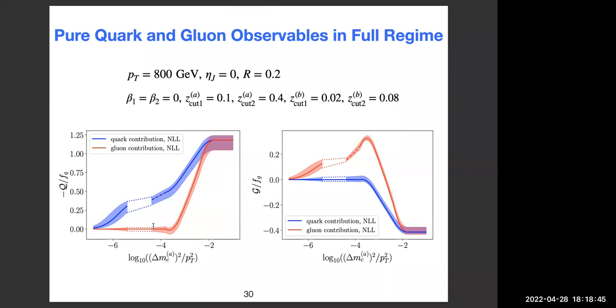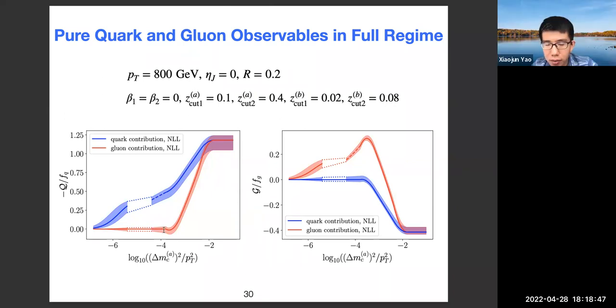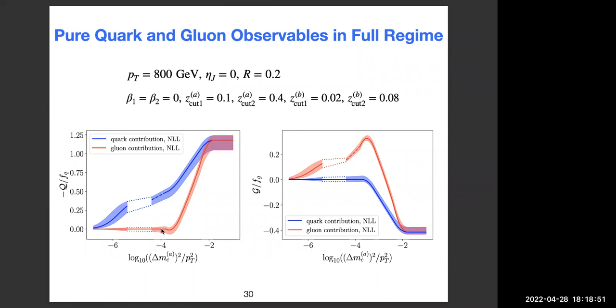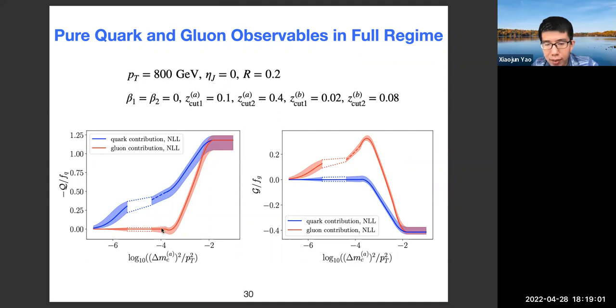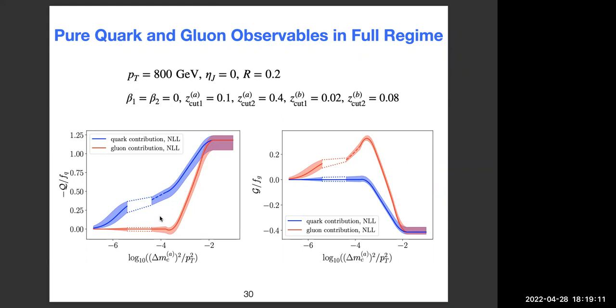Exactly. I agree. So it's not purely perturbative here. No, I meant to say intermediate regime. Okay. Here you can still apply the formula, but there could be some power suppressed non-perturbative corrections, which become important. Right.